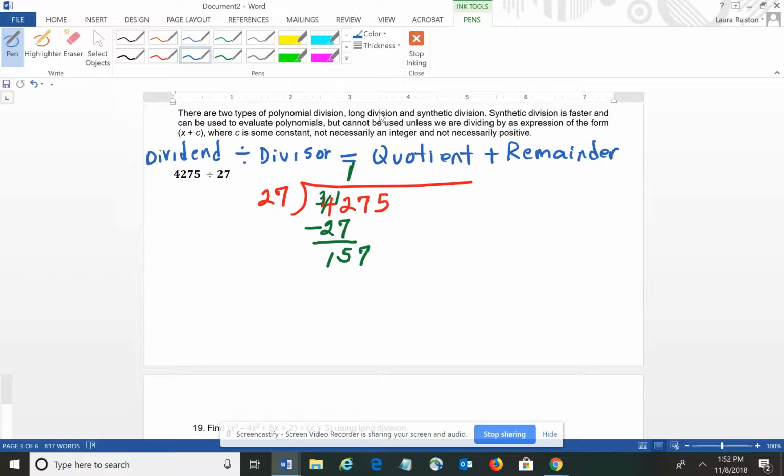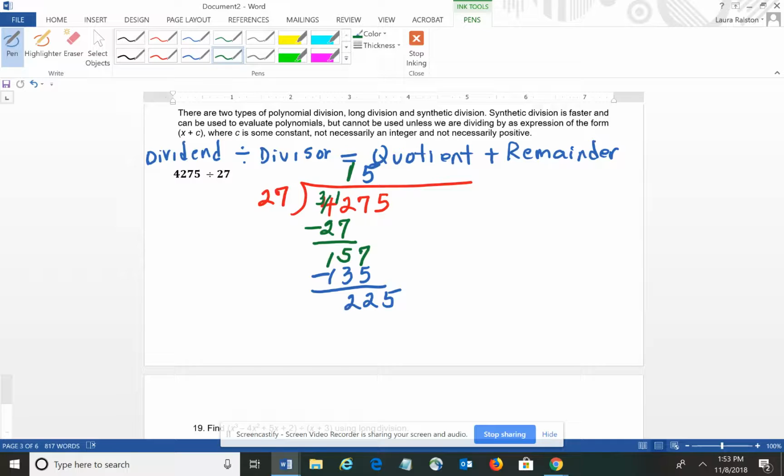27 goes into 157 5 times. 5 times 27 is 135. Again, we draw the line and we subtract. 7 minus 5 is 2. 5 minus 3 is 2. We bring down the next term, which is 5. And we do the process yet again.